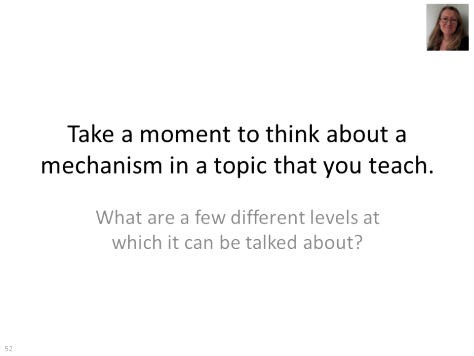I'm going to elaborate that statement in just a moment, but let me ask you to stop and take a moment to think about a mechanism in a topic that you teach and what a few different levels are that it can be talked about at. I've given an example just now. See if you can come up with one from what you are teaching.